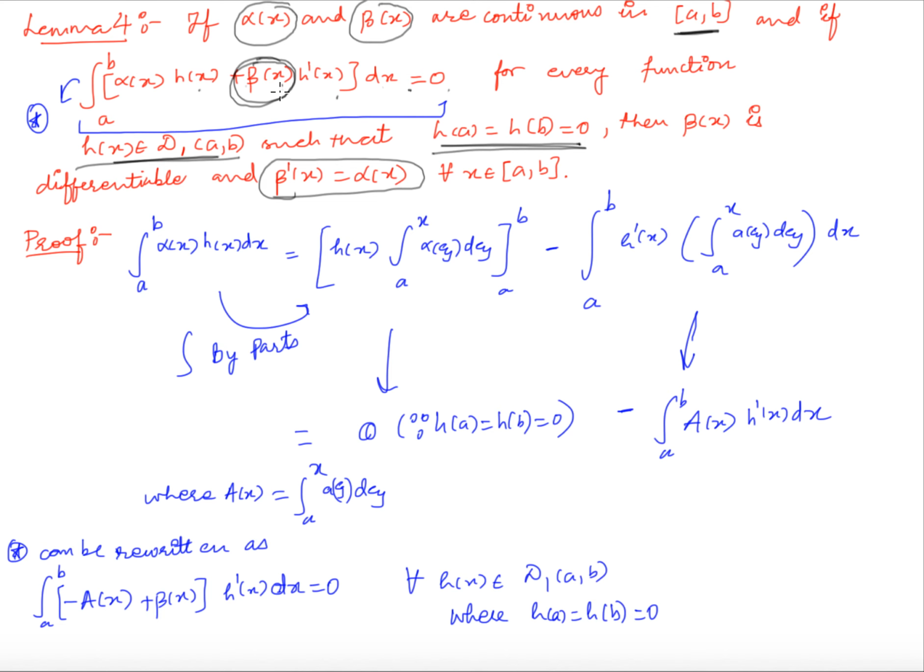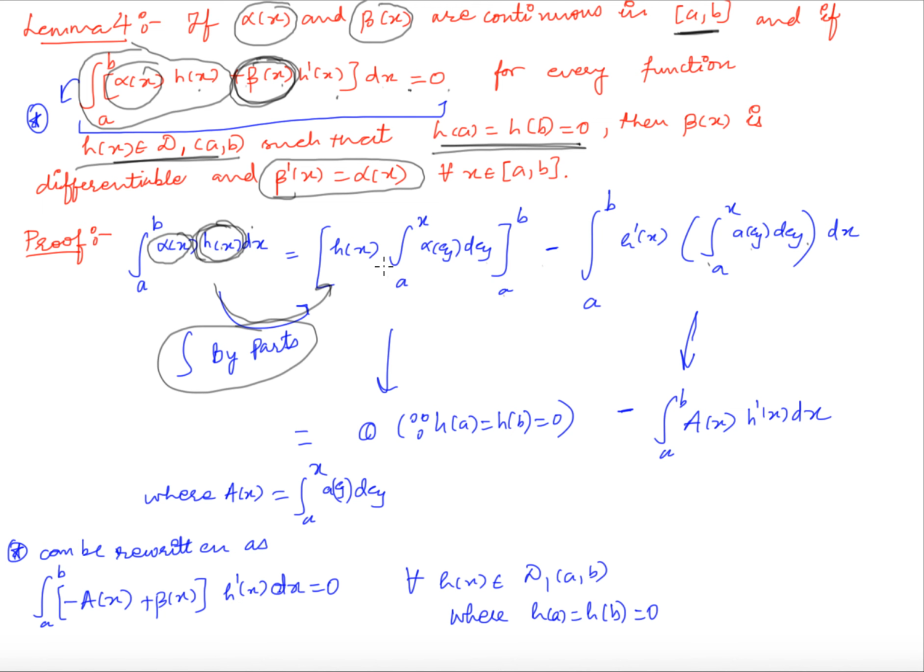You start with this first part only, the integral from a to b of alpha x h x dx, and integrate it by parts. What you get is first function h x into integration of second function, that is the integral from a to x of alpha zeta d zeta, from a to b, minus differentiation of first function, that is h dash x, into integration of second function, that is the integral from a to x of alpha zeta d zeta, dx. Now what is this? We put b and a.